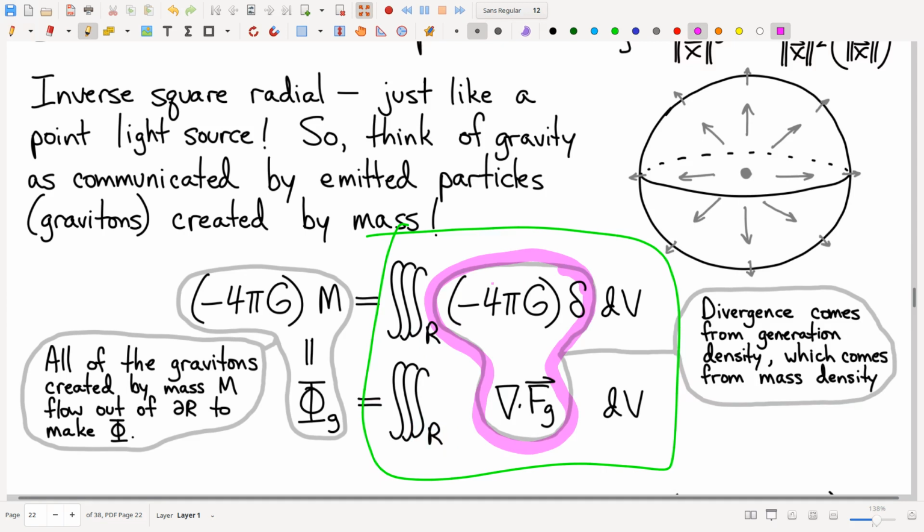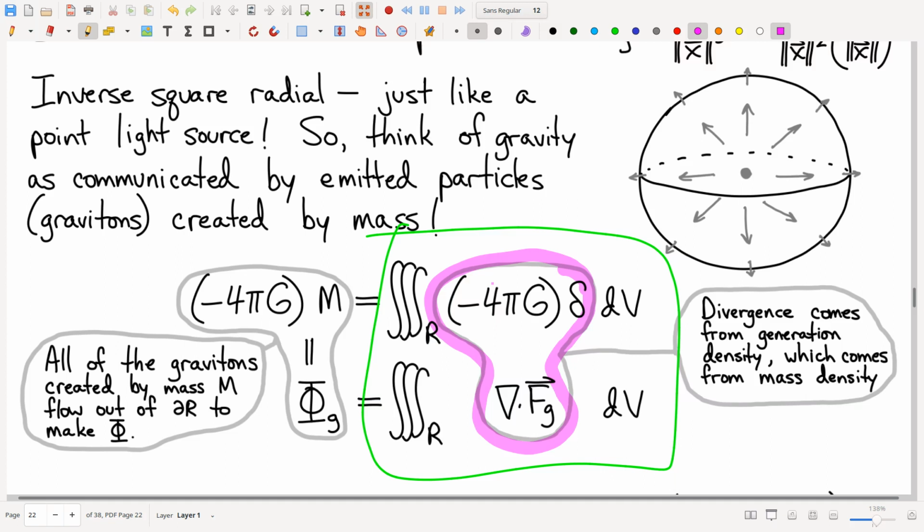And so the big idea then is, again, divergence points to where the stuff comes from. Divergence points to where the flux comes from. Flux comes from gravitons. Gravitons come from mass. So divergence points to where the flux, a.k.a. gravitons, a.k.a. mass, comes from. Right?